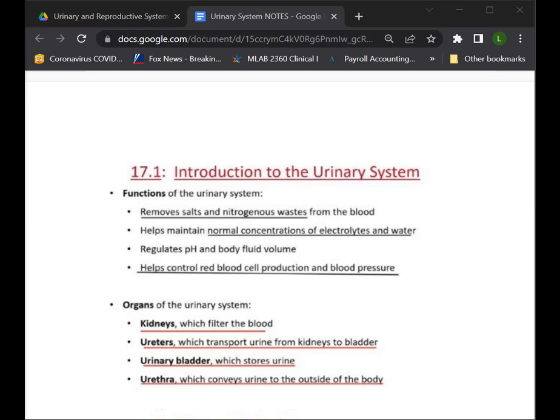Then the urinary system is also supposed to help maintain normal concentration of electrolytes and water. That's referring to how the urinary system helps make sure that there's never too much or too little of anything in the bloodstream.